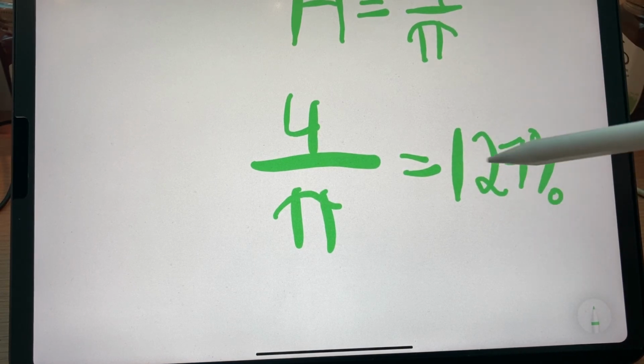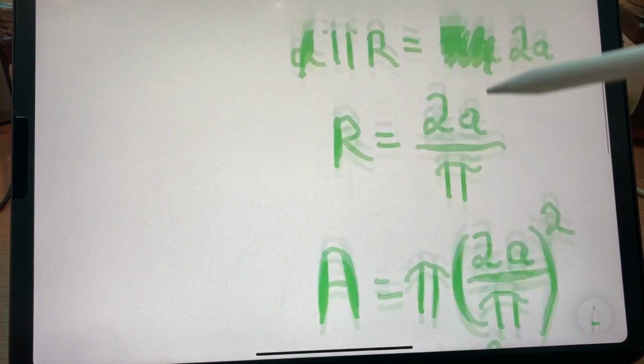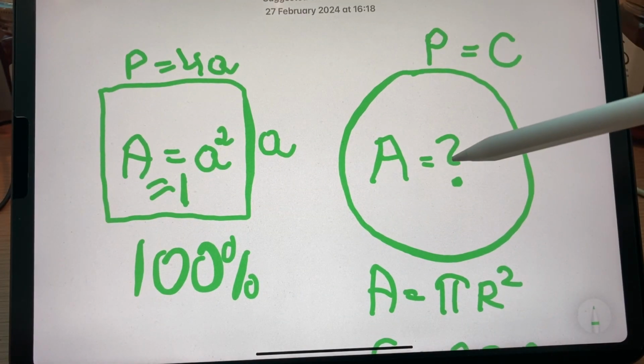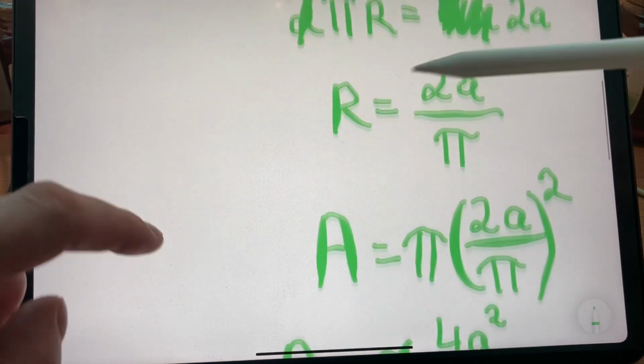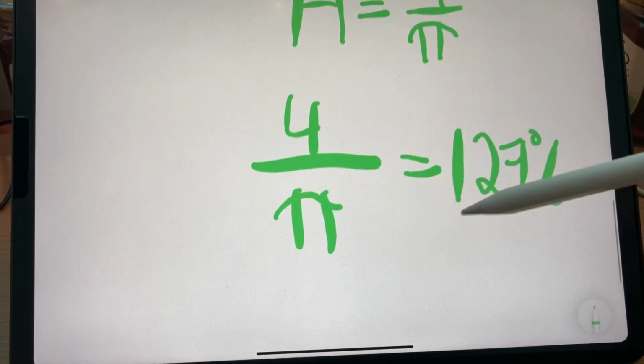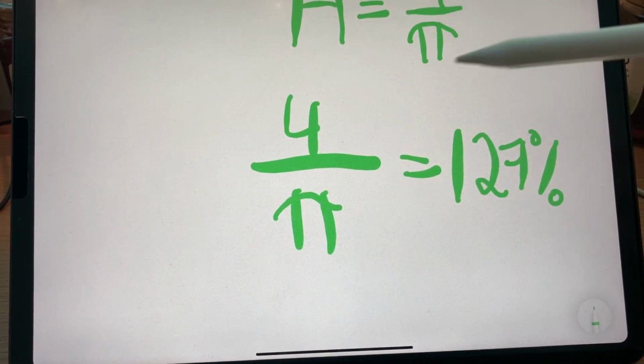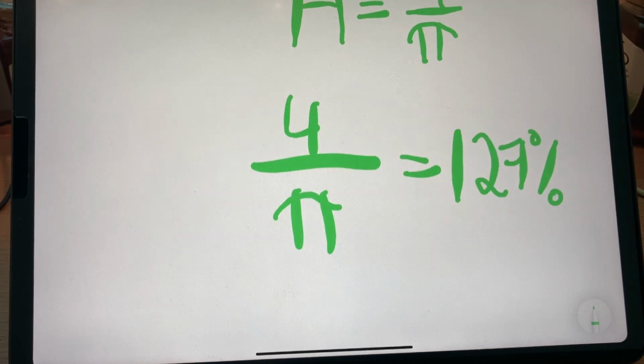So now we can clearly see that the area of the circle is going to be about 27% bigger than the area of a square if the perimeter is the same. And so now we know, if a king ever lets you take the land that you can walk around in one day, rather than walking in a square shape, walk in a circle shape, because you're going to get an extra 27%.